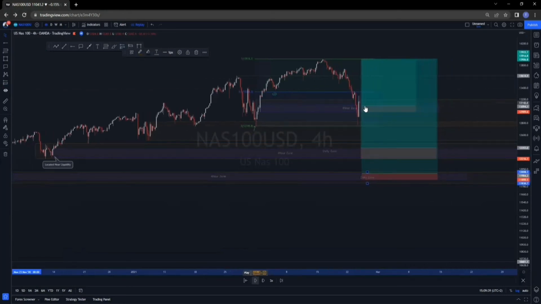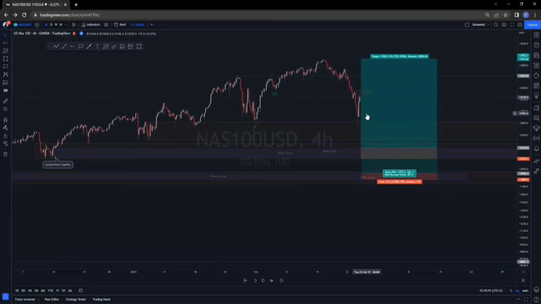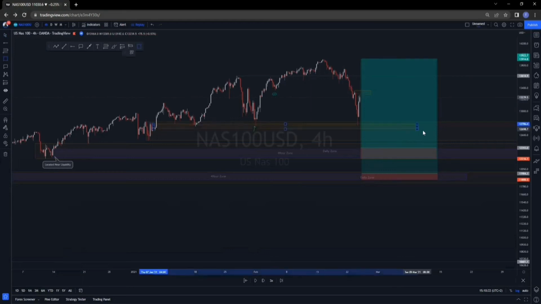This one has been broken through, okay? We have an opposing zone over here, which the market has to violate in order for us to confirm that the market is going up. But I actually do believe that prices are going down. Why? Because we have this zone over here with multiple retests.